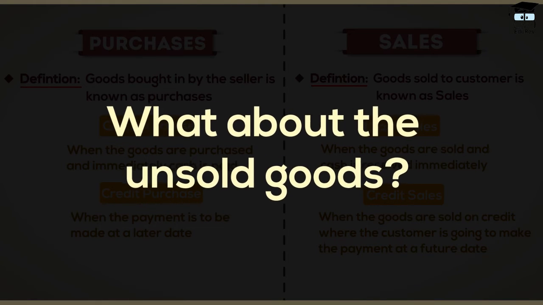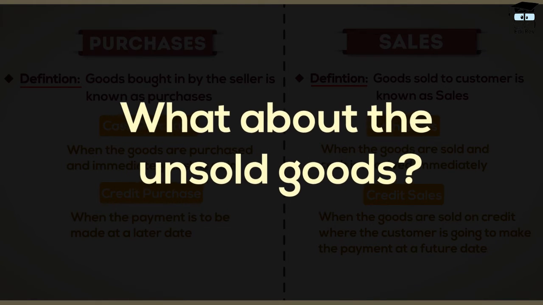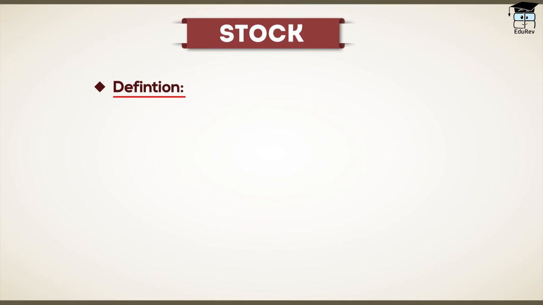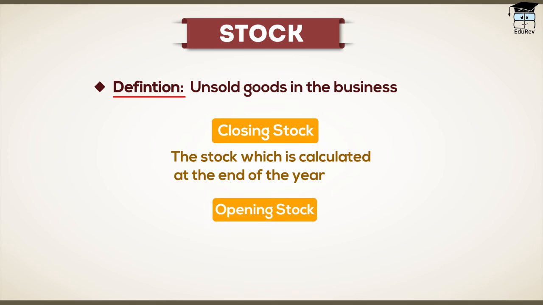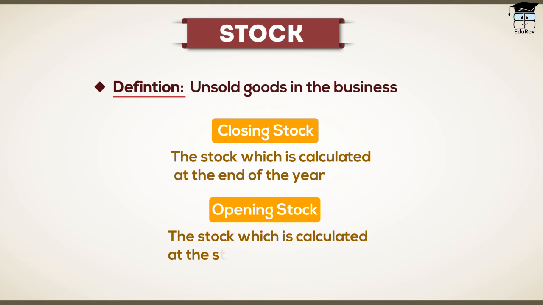There may be some goods left to be sold at the end of the year. So such goods are known as stock in accounting. The stock or the inventory is a measure of something on hand like goods, spares and other items in the business. The stock which is calculated at the end of the year is known as closing stock, and this stock becomes the opening stock at the start of the next year.